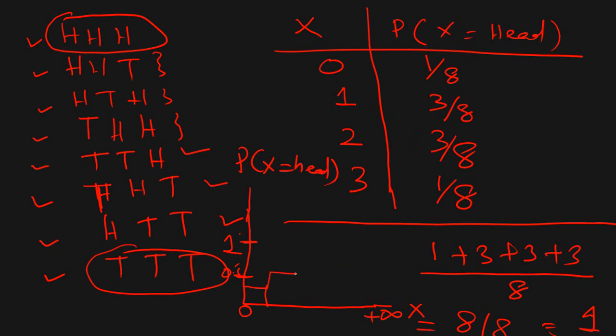So we'll get something like this, and then getting 2 heads is again 3 by 8, and then getting 3 heads is again 1 by 8, right? So what you can see here is the probability distribution in graphical form, and that's easy to understand. So that's about probability distribution.